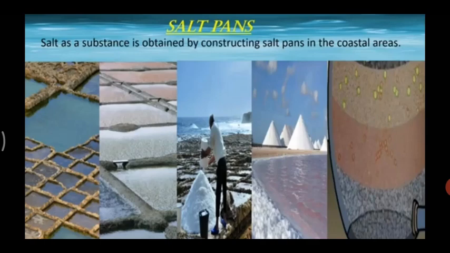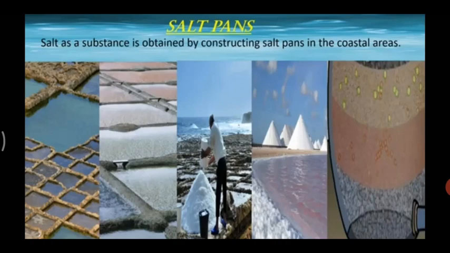Firstly, just look at the first picture. Small ponds are built to store seawater. The water accumulated in the ponds starts getting evaporated due to the direct sunlight.